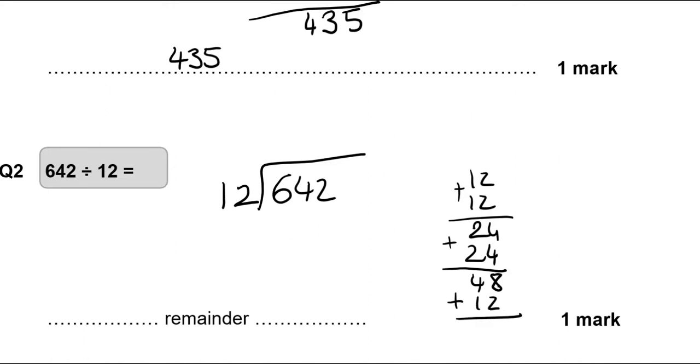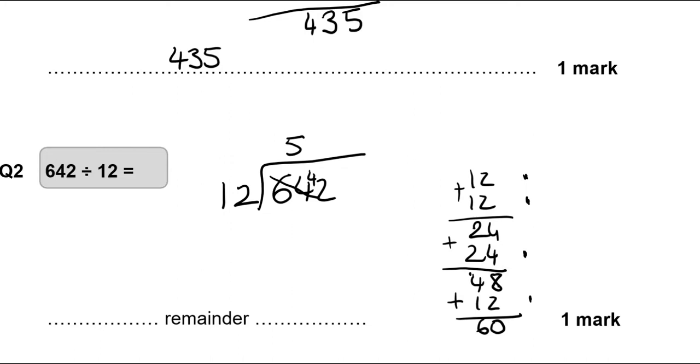8 and 2 is 10. 5, 6. So 1 lot here, 2, 4, 5 lots of 12 make 60. So we've got 4 carried over. How many 12s will fit into 42?